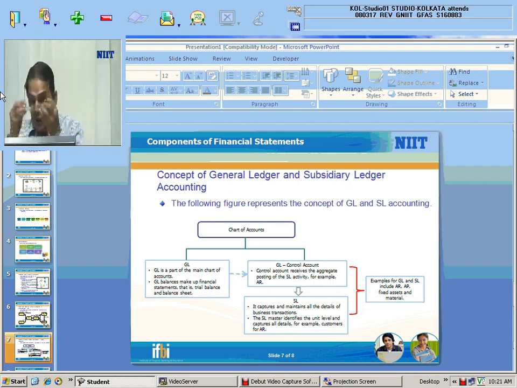So basically the subsidiary ledger provides the lower level breakup and detailing of the transactions posted. Like account receivable subsidiary ledger for the customers, account payable subsidiary ledger for the vendors.